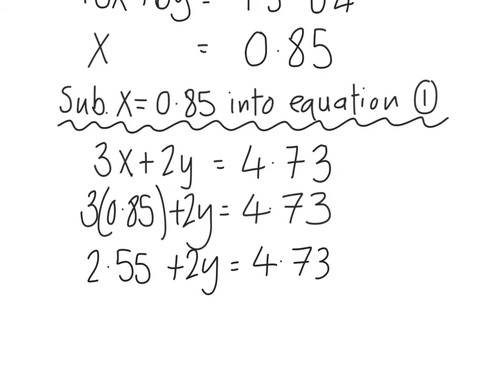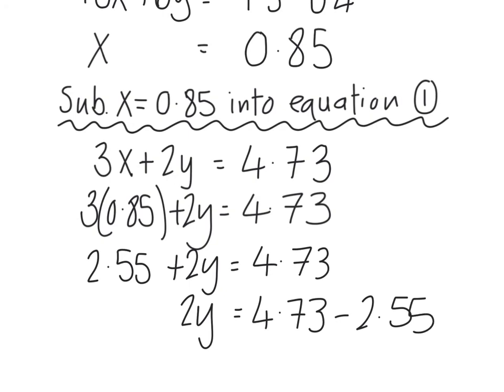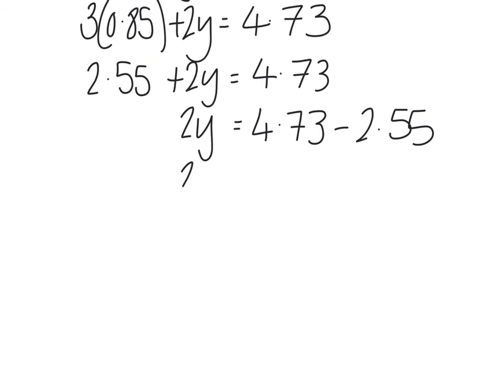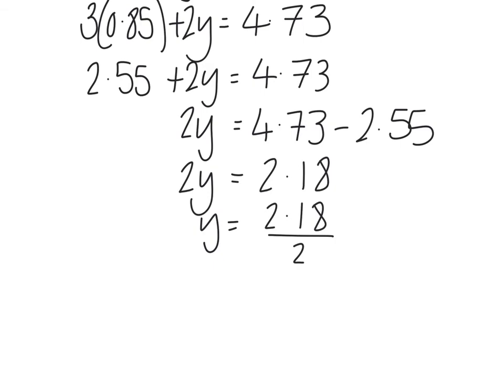Moving the £2.55 onto the right hand side gives us 2y equals £4.73 take away £2.55, which then gives us 2y equal to £2.18, which means y equals £2.18 divided by 2, which means that y equals £1.09.